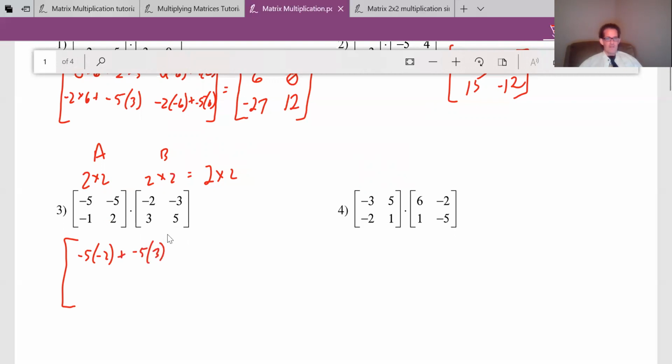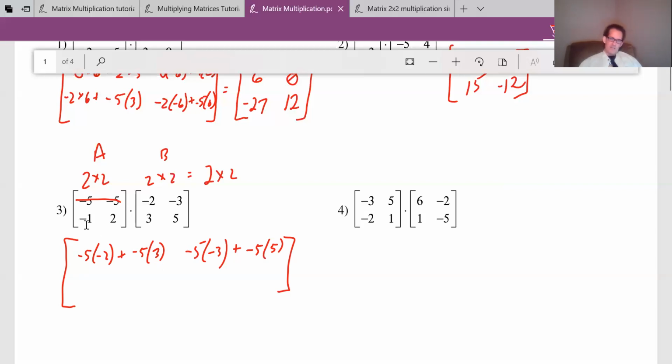Okay? Then I have to do the next column by the same top row until I'm done with this top row. Negative 5 times negative 3, and then this negative 5 times this 5 because I'm going down. So plus negative 5 times this positive 5 here. Okay, so this row is done because I multiplied it by this column and by this column. All right, next row.